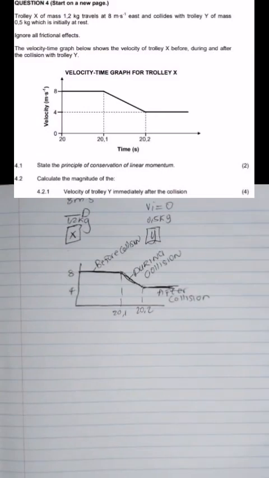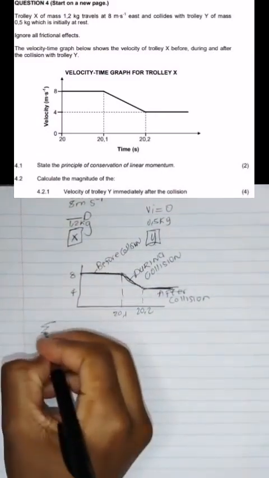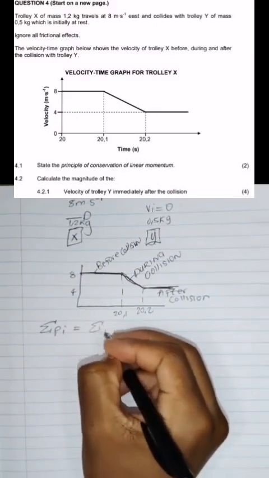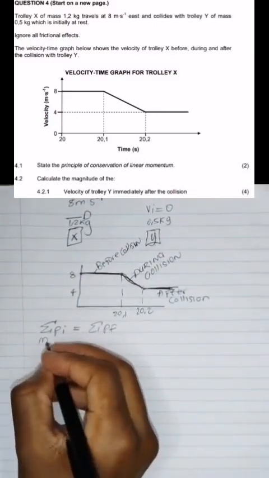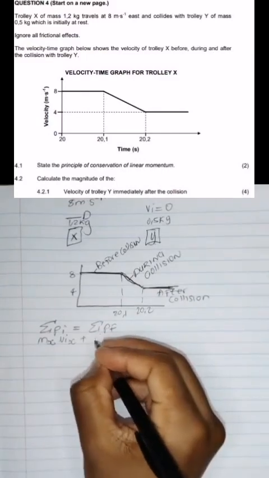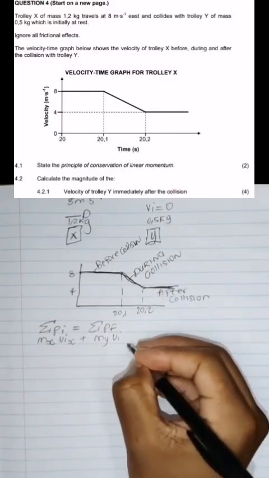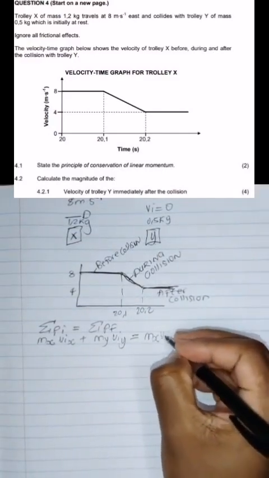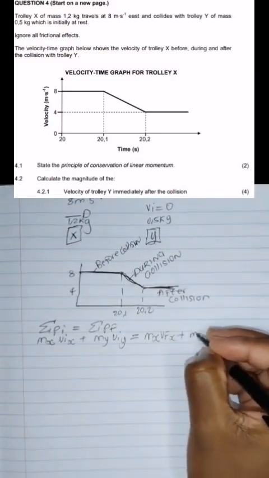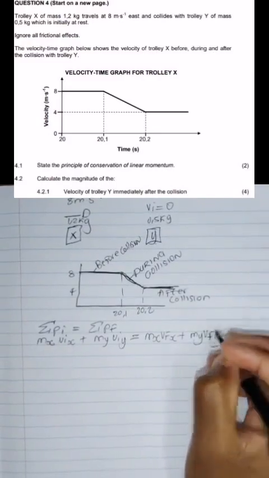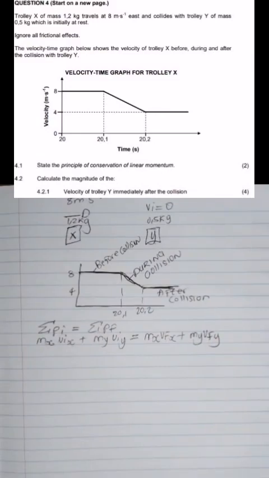The total momentum initial equals the total momentum final: mass of X times initial velocity of X, plus mass of Y times initial velocity of Y, equals mass of X times final velocity of X, plus mass of Y times final velocity of Y. Now we substitute the values given.